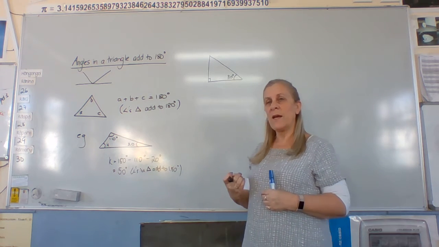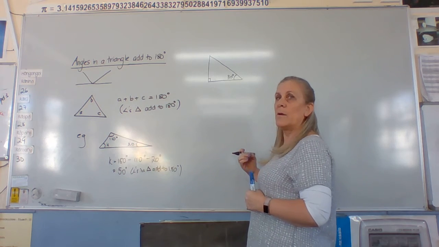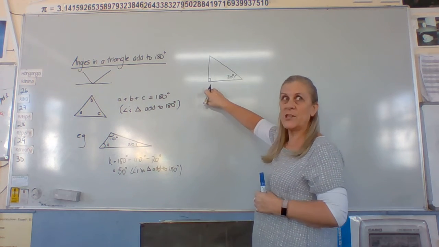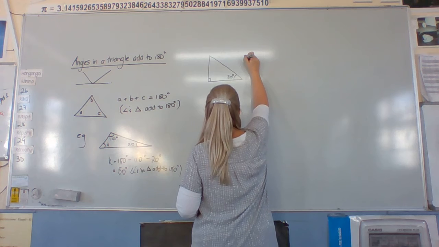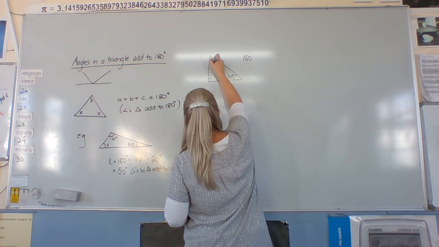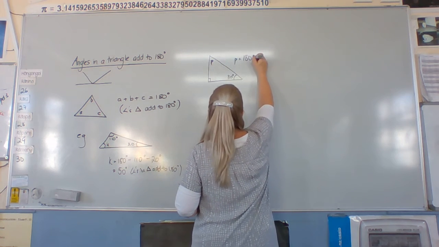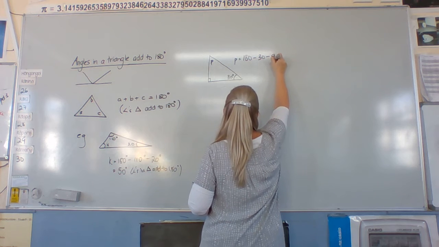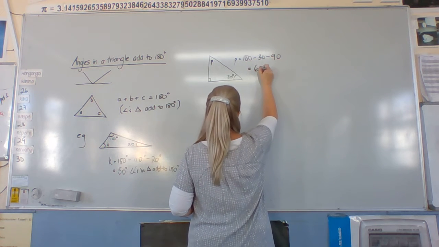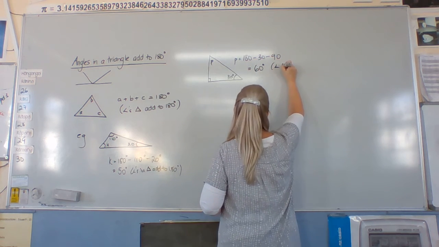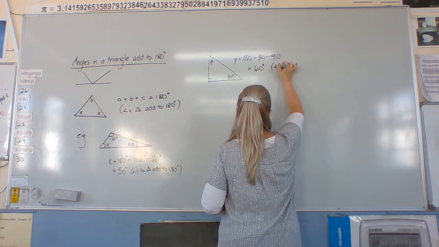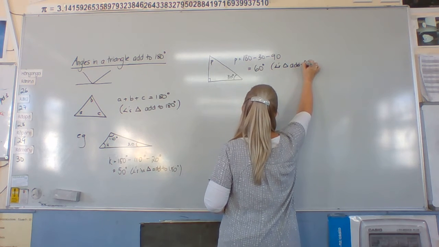What else do I know, Ada? We have a right angle, a 90-degree angle. So again, 180 minus 30 minus 90 equals 60 degrees. Angles in a triangle add to 180.